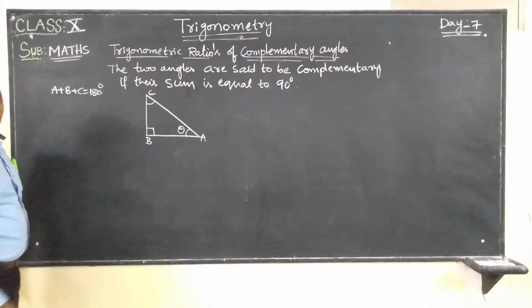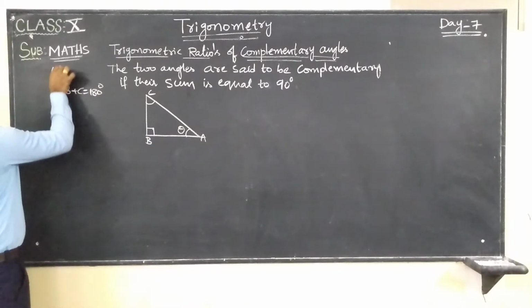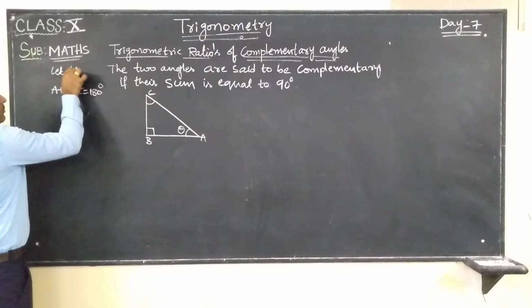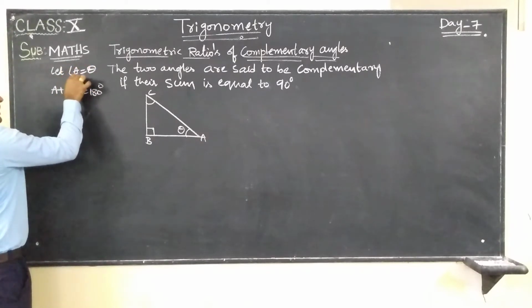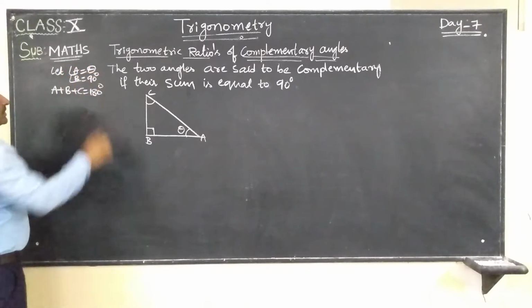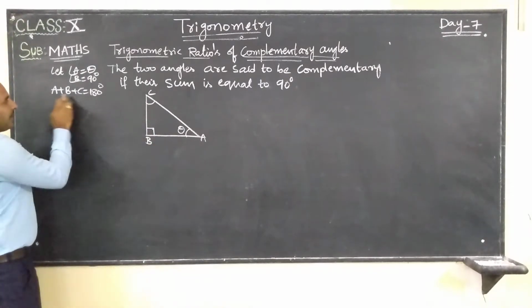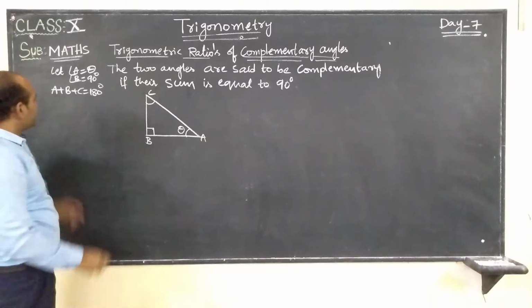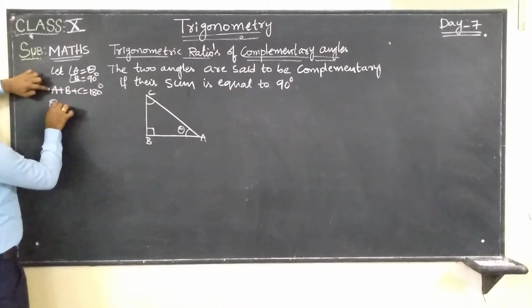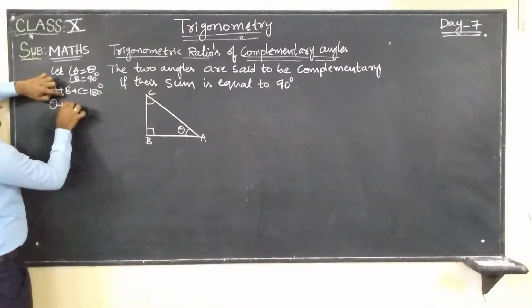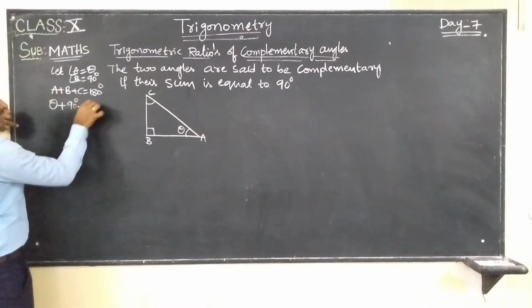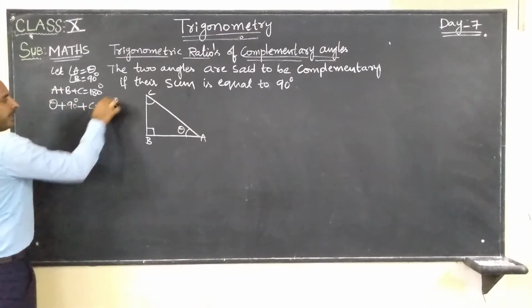Here angle A is equal to theta, angle B is equal to 90 degrees, so theta plus 90 degrees plus C is equal to 180 degrees.